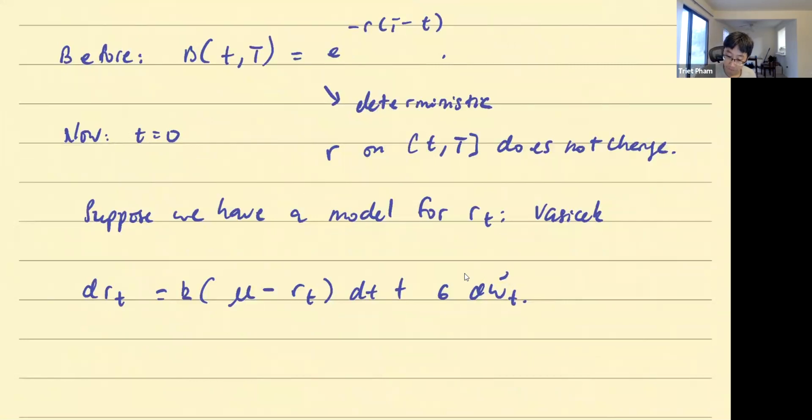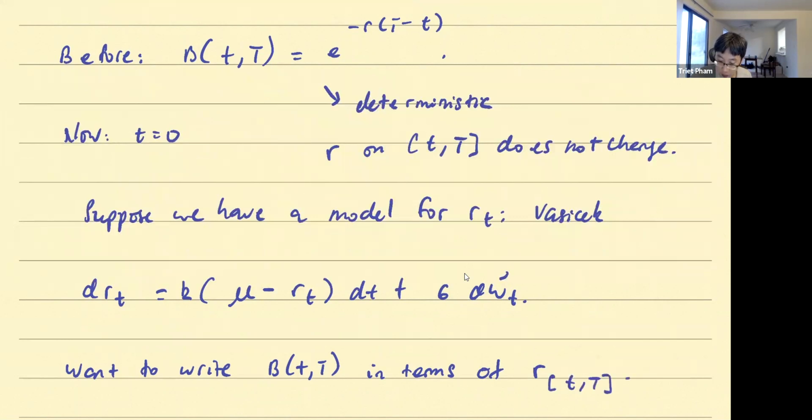Now, we want to write B(t, T) in terms of, let's say, r. Technically speaking, it is the r from t to T, because the behavior of the interest rate from time little t to time big T will decide the discounting factor you use to get back to the bond price.